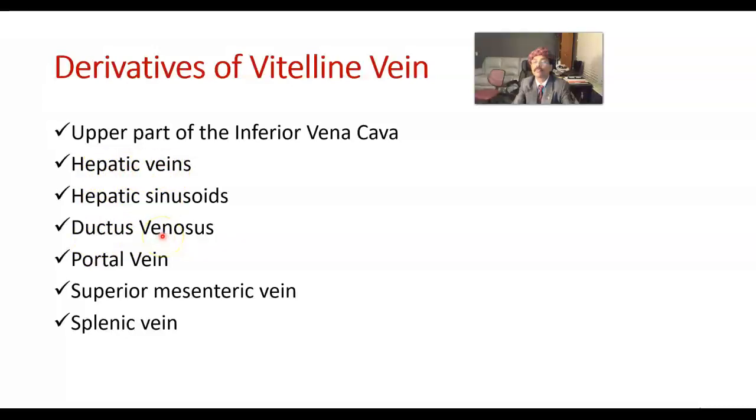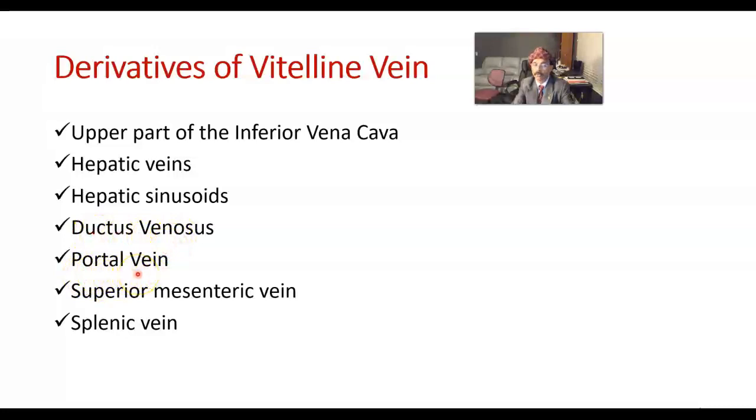The ductus venosus is the channel connecting the left branch of the left umbilical vein to the inferior vena cava.